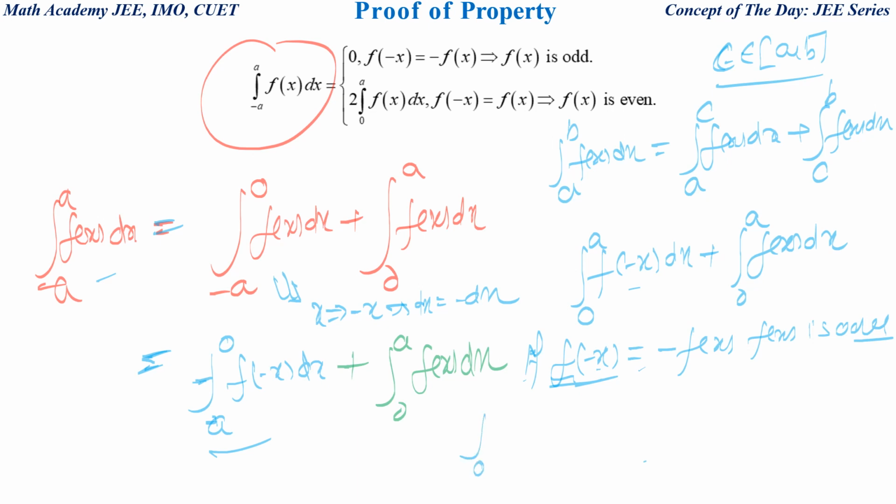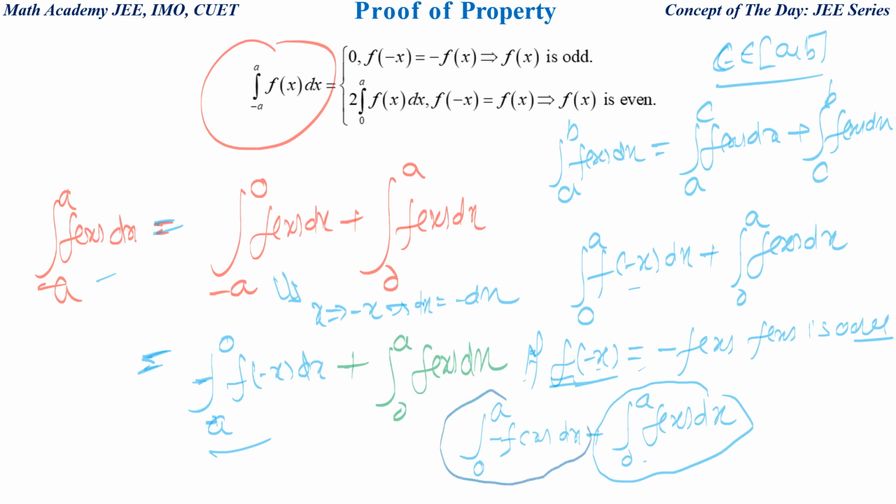So it will be 0 to a of f(x) with a minus sign plus 0 to a of f(x). Can you observe one thing? This part and this part are both equal with negative sign, so this and this will cancel out, and the result will be 0.